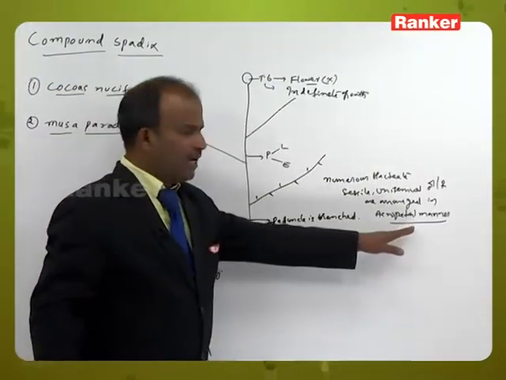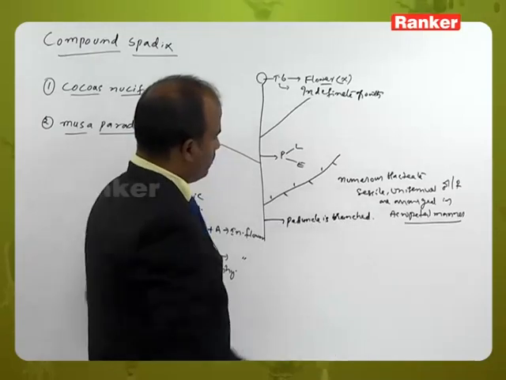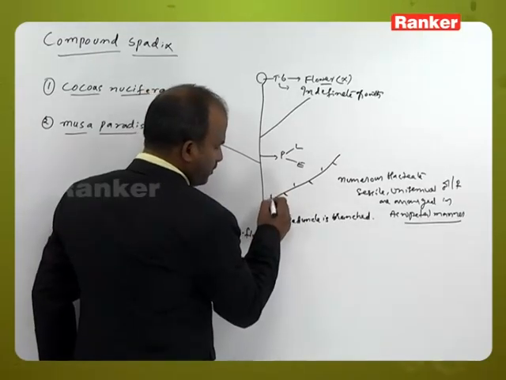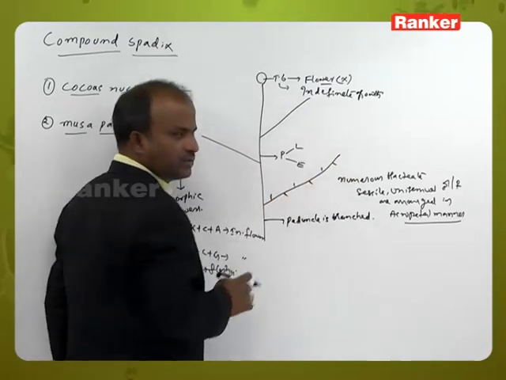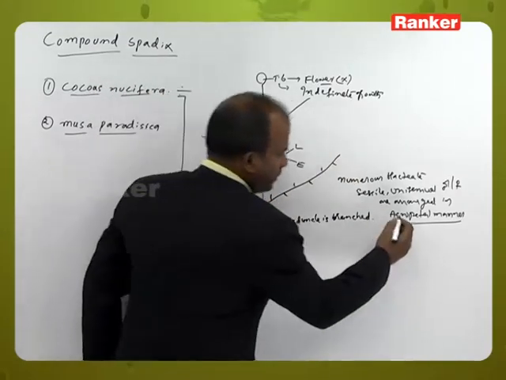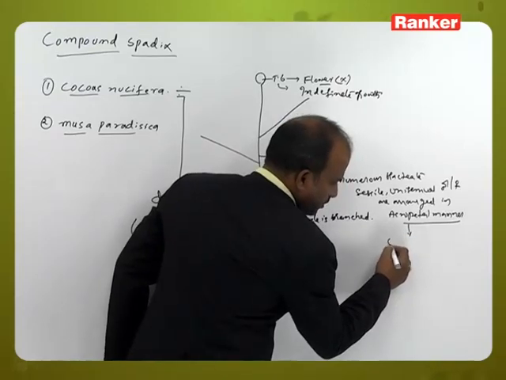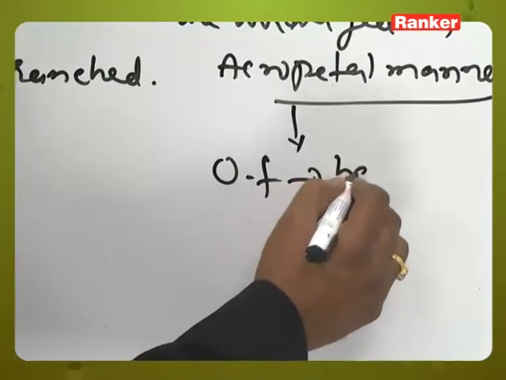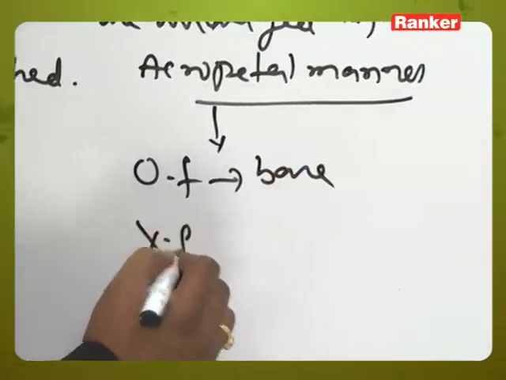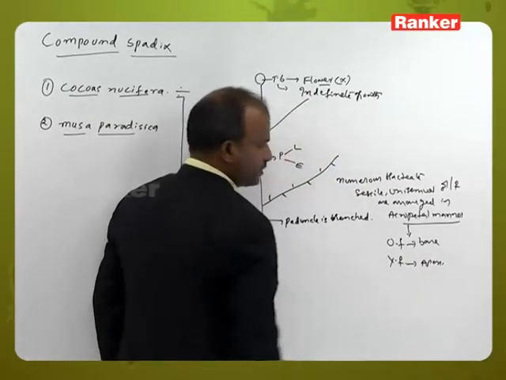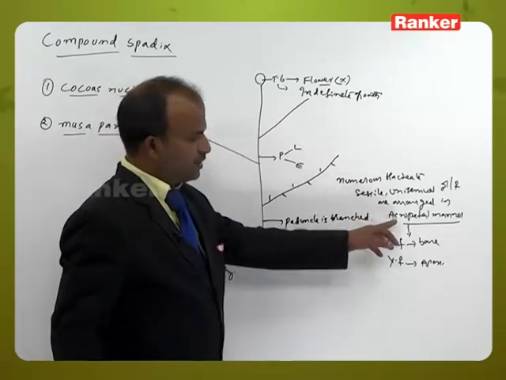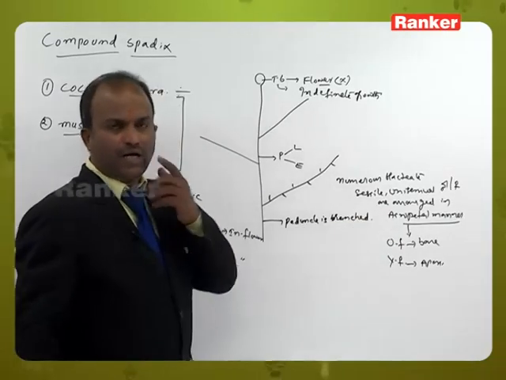What is meant by acropetal arrangement? Older flowers are present towards the base and younger flowers are present towards the apex. That is acropetal arrangement.